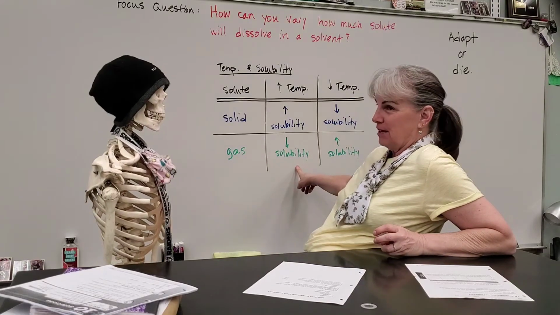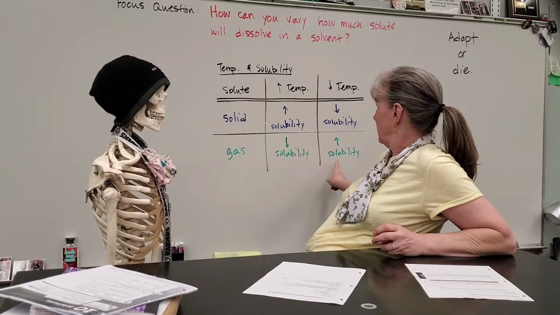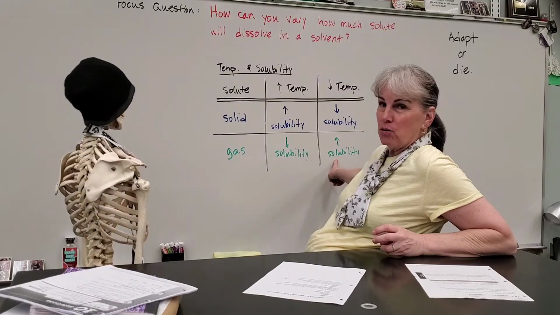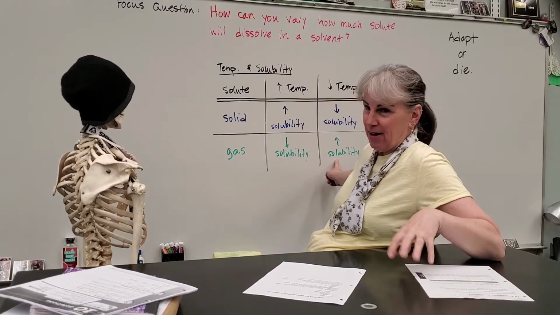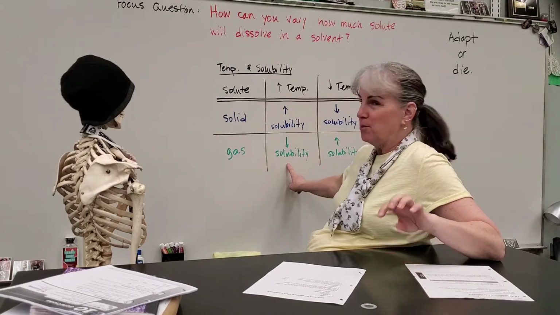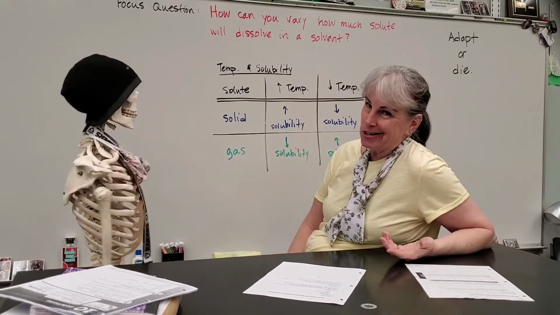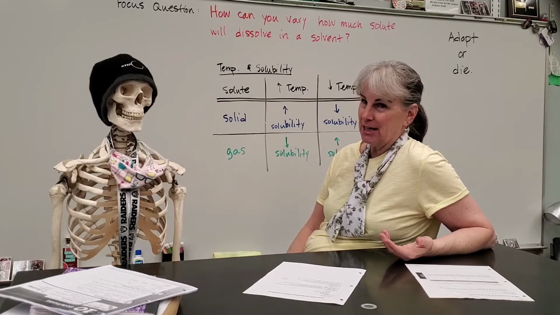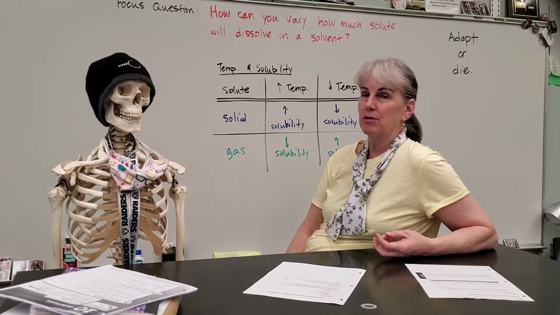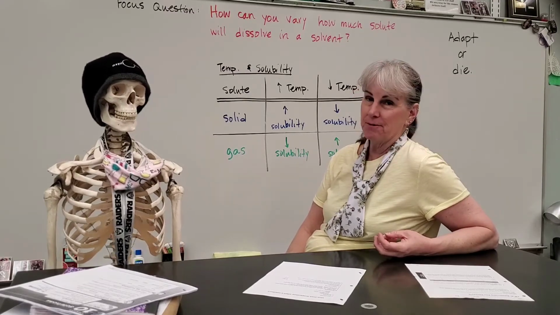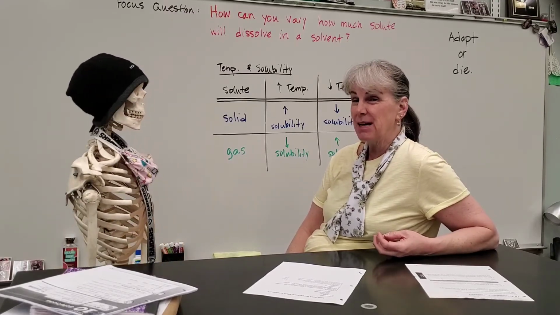So if the gas that contains the carbon gets into a colder temperature, it's going to stay dissolved in there longer. The warmer it gets, the flatter your soda is going to get, because the gas doesn't stay soluble in a warmer solvent. Does that make sense?